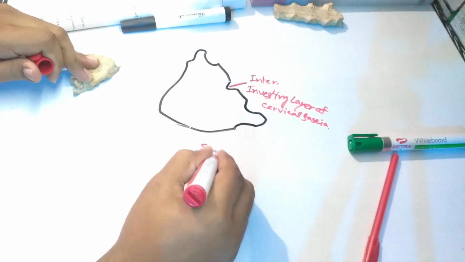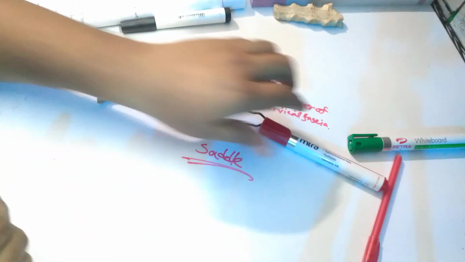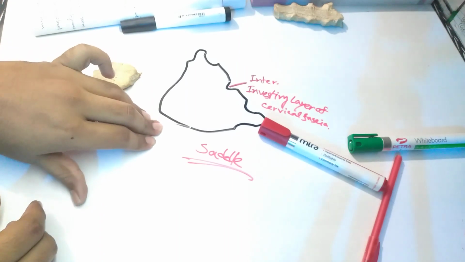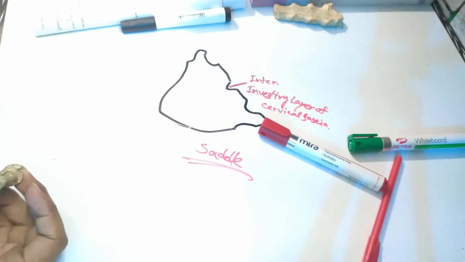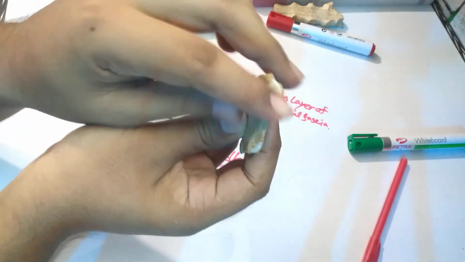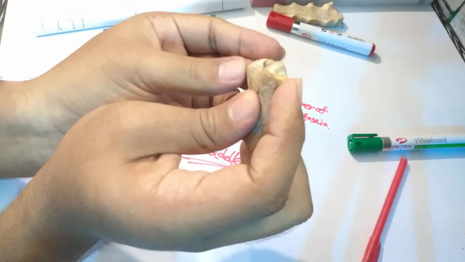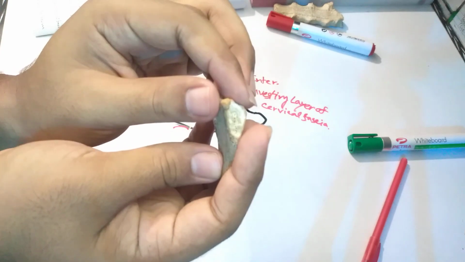And in the lateral border, here is a facet for the costal cartilage.